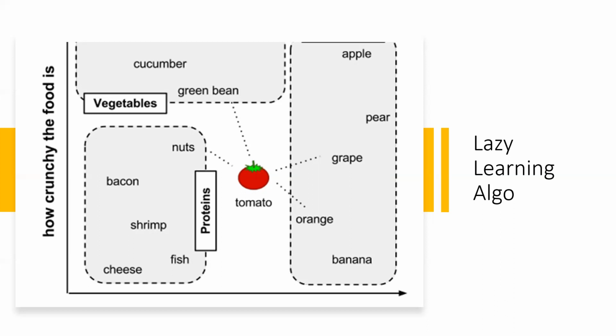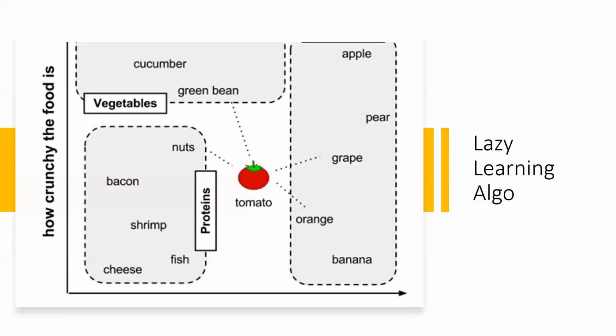And then you give the model a tomato, and you figure out which characteristics it lies closest to. Based on your analysis, you figure out that the tomato lies somewhere in the middle between a fruit and a vegetable, but it's more inclined towards a fruit. So let's call it a fruit. Okay. So that's what a lazy learning algorithm is.